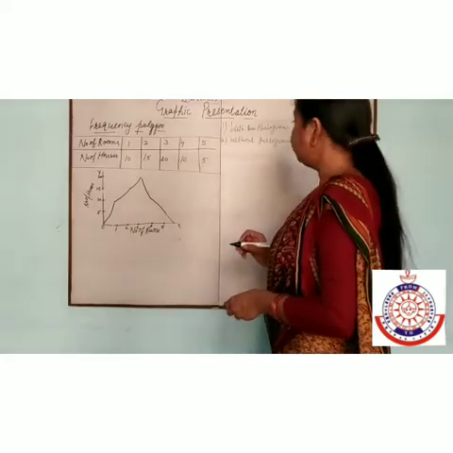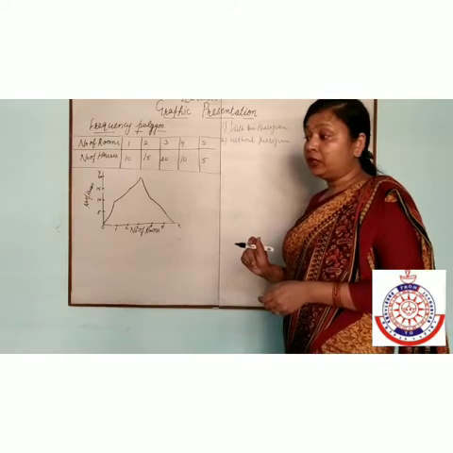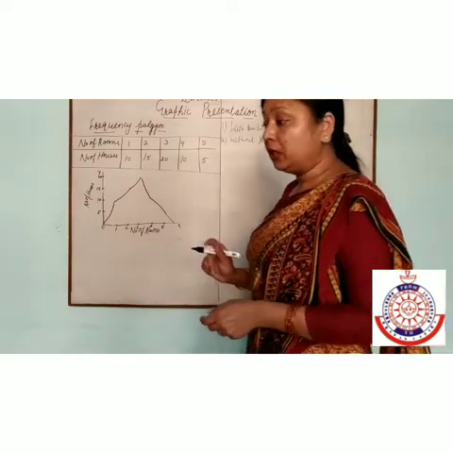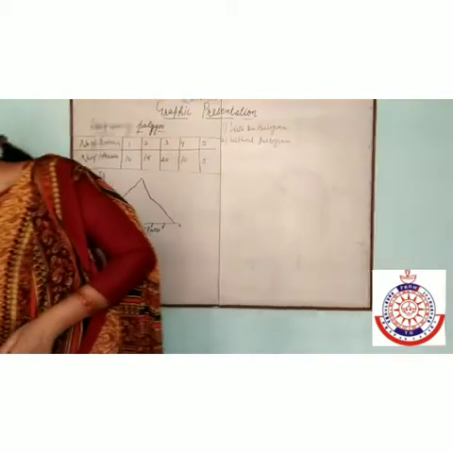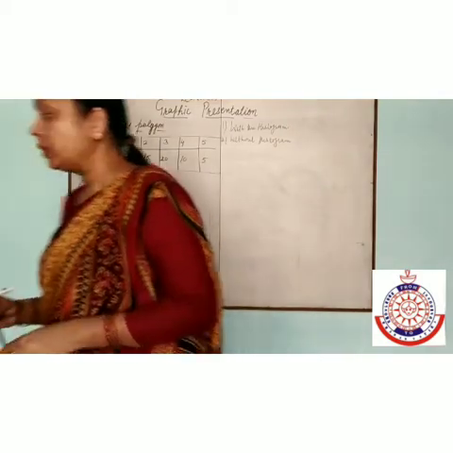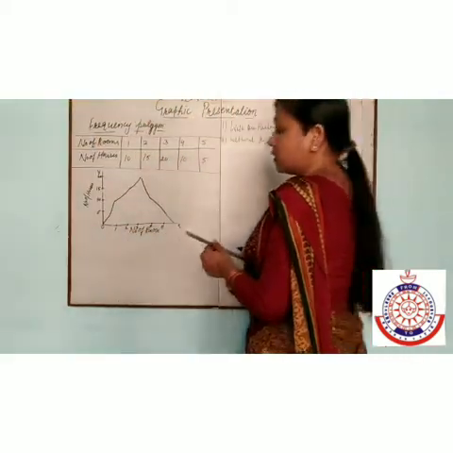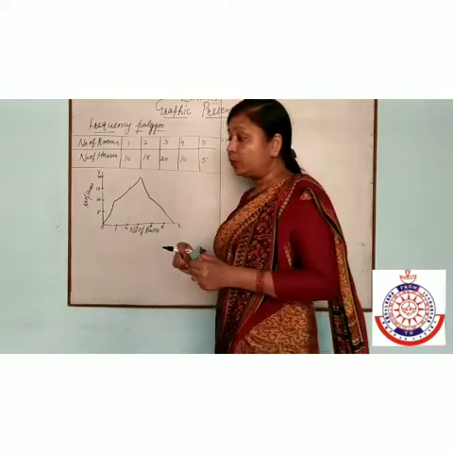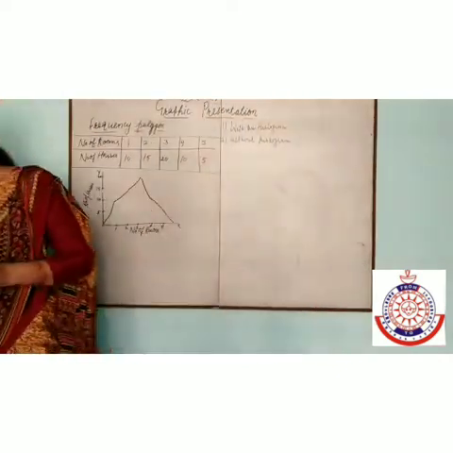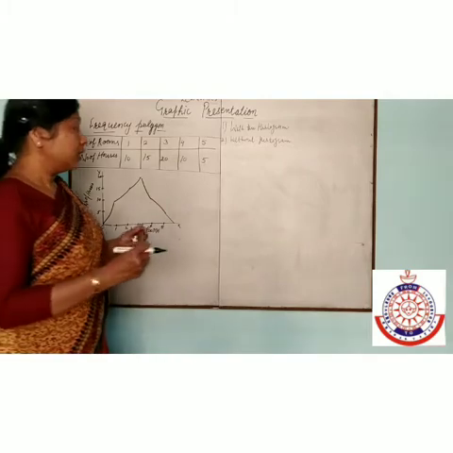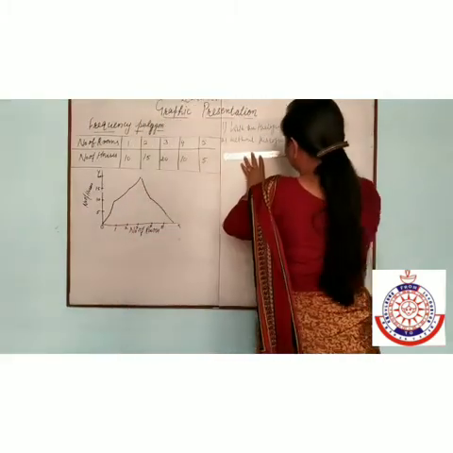With a histogram, first of all, we will draw the histogram, then we will make the frequency polygon. See, the example is given here.